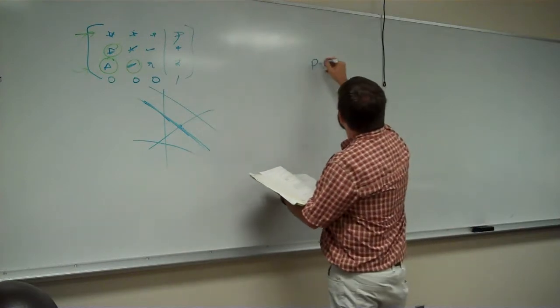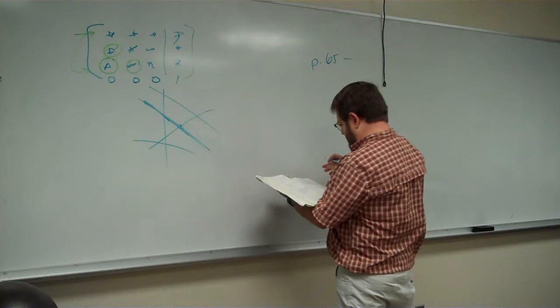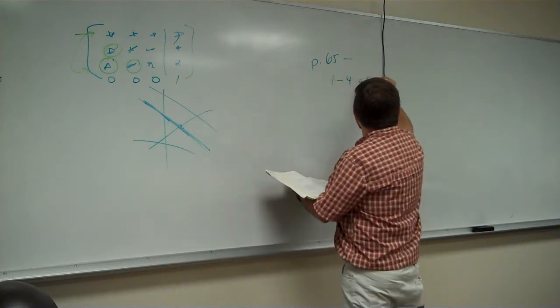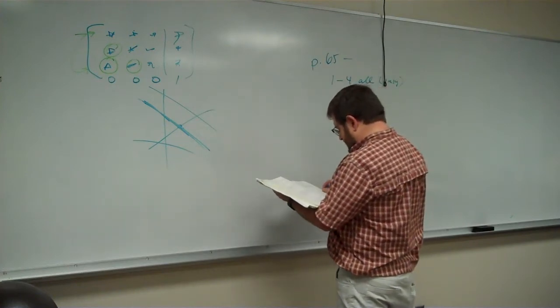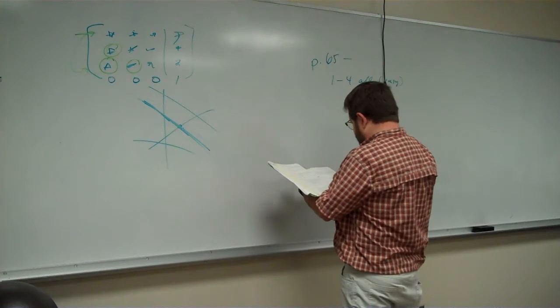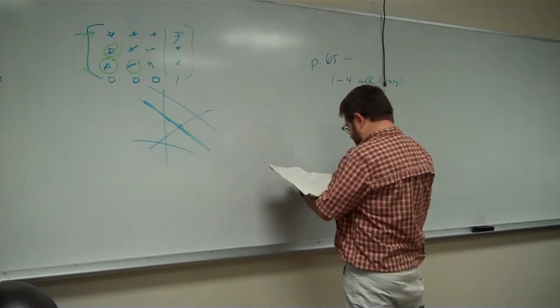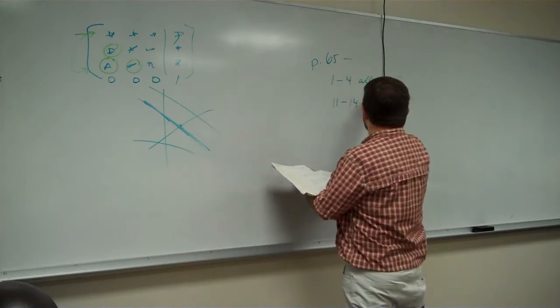On page 65 and forward, let's see here. 1 through 4, all. I'm going to be honest, those are easy. Those are easy points. Let's do, just because they're good exercise, 11 through, let's just say 14 all.